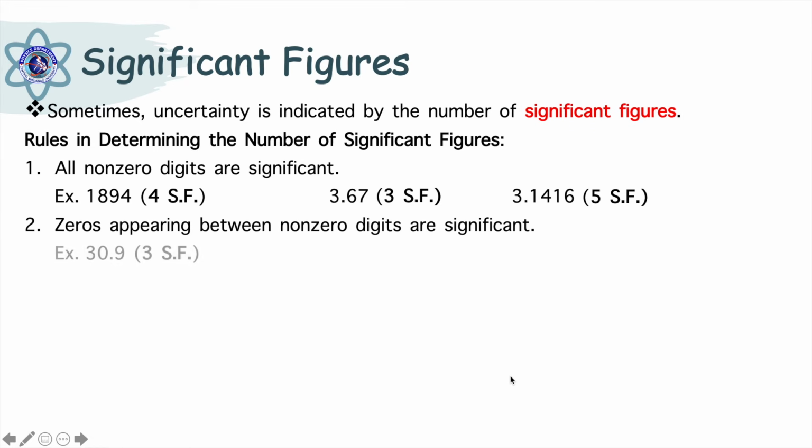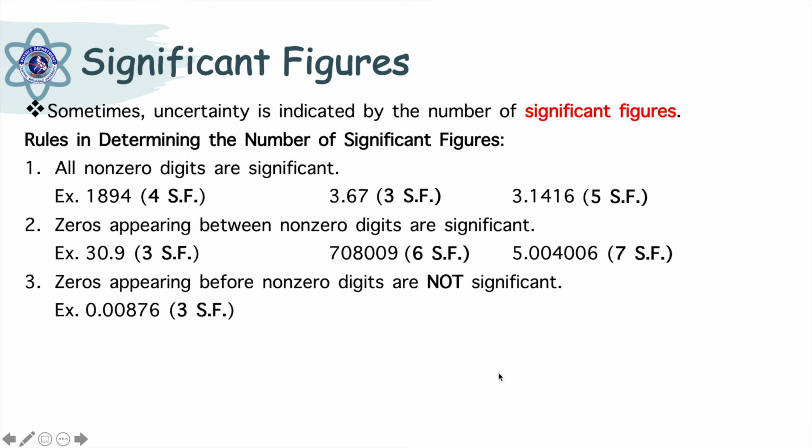Here's rule number 2. Zeros appearing between non-zero digits are significant. So here we have 3. This one will have 1, 2, 3, 4, 5, 6 significant figures. How about this one? You'll have 7.